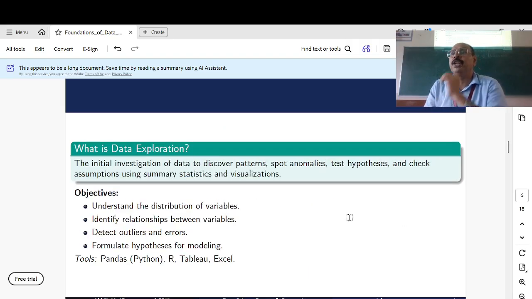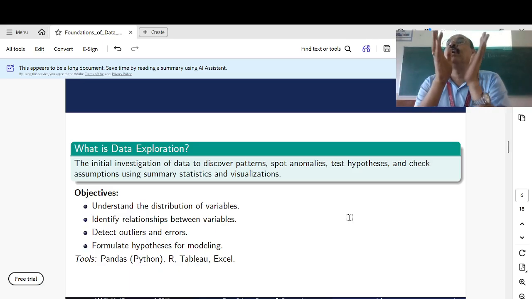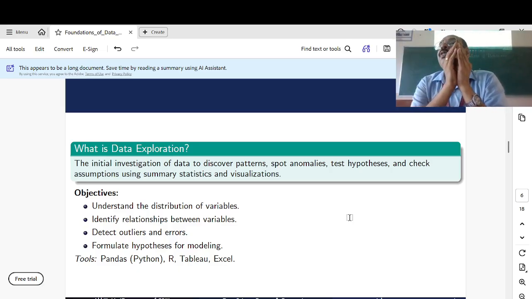What is meant by data exploration? I've already told you what data exploration is, right? How we are going to find out the different types of values in the data.